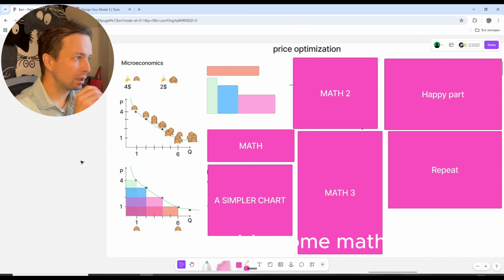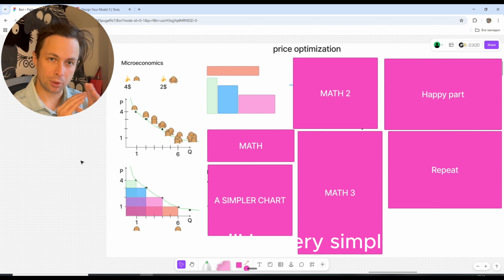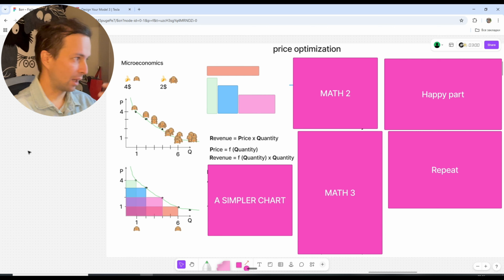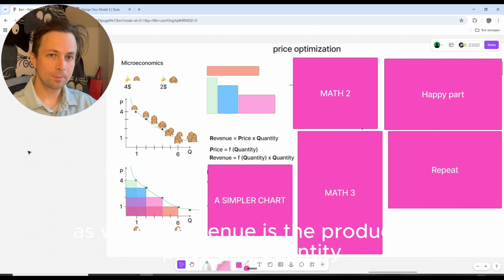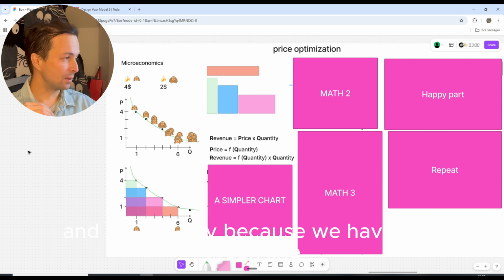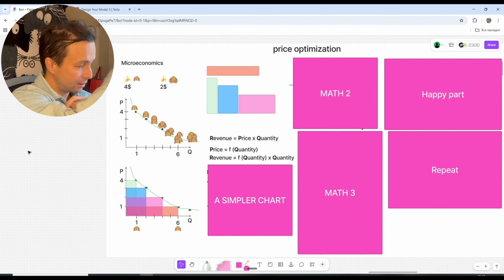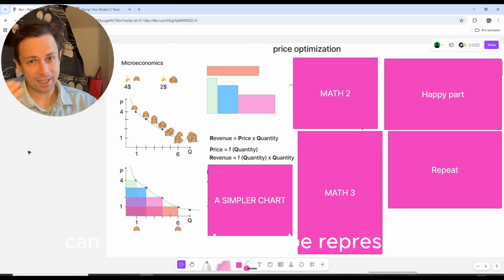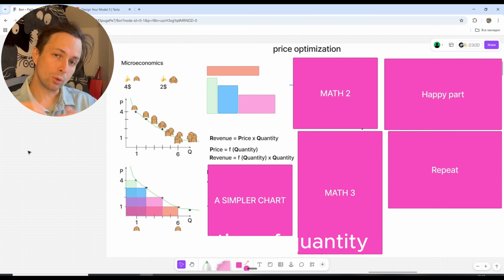Now let's get to some math. For now it will be very simple, but we need to discuss it one more time. As we see, revenue is the product of price and quantity. And because we have this green line, we can say that price can be represented as a function of quantity.